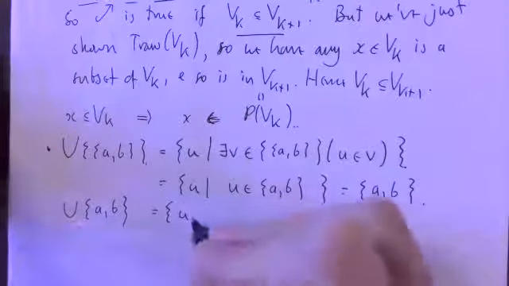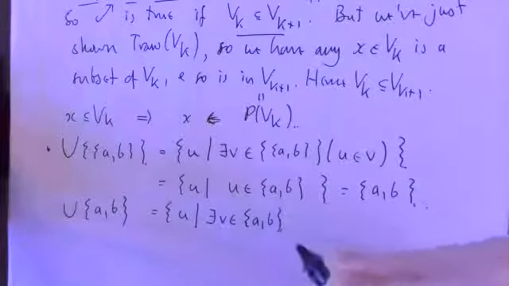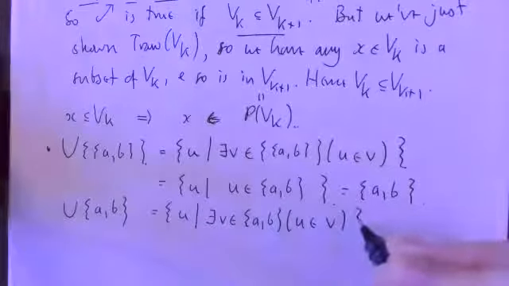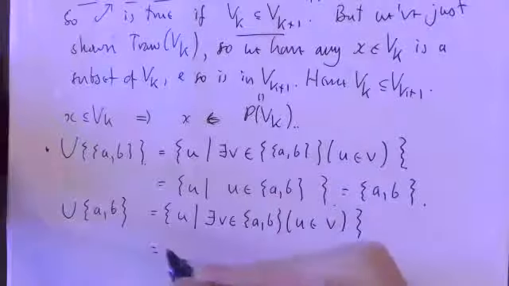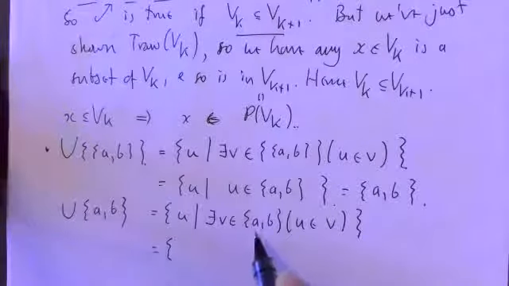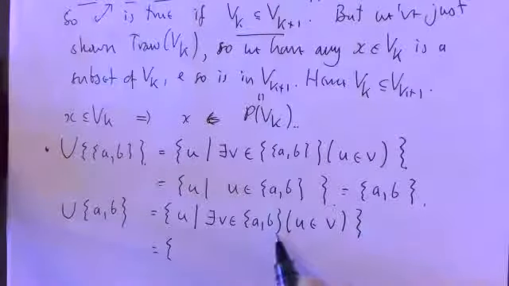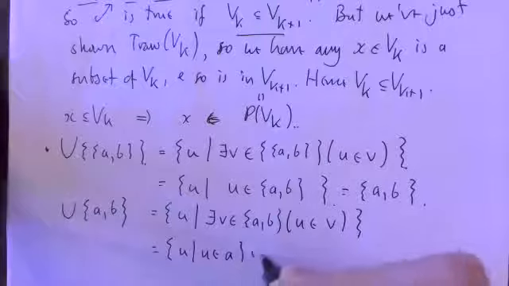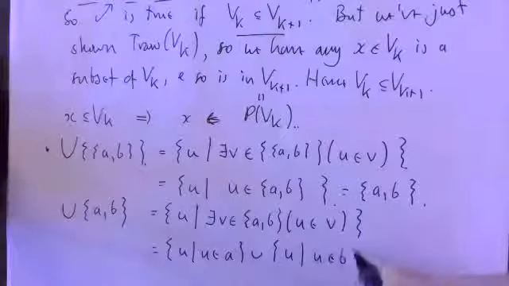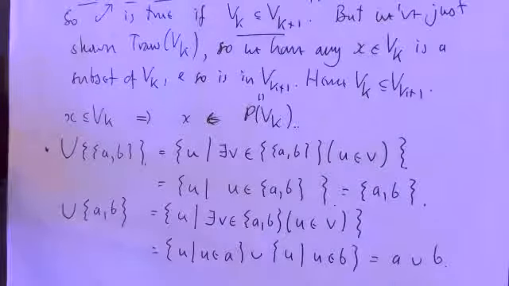So again, doing it in longhand here, I've got two possibilities, A or B. And this is asking for the elements of A or B. So this is the collection of U such that U is in A, together with the collection of U such that U is in B. So of course, this is just A union B in our ordinary little union sense.